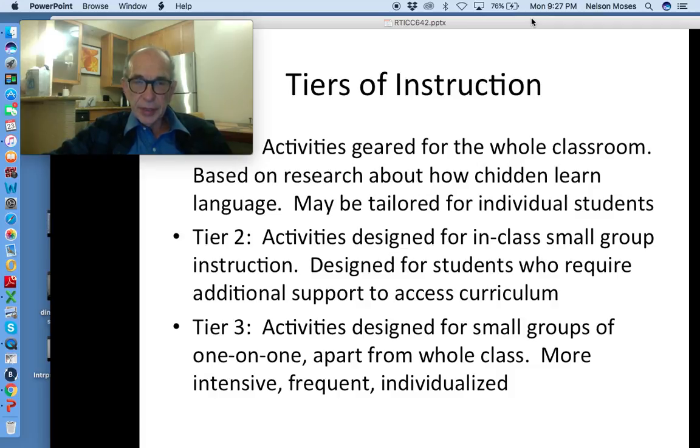Speech language pathologists' work there in the classroom would be more intensive, frequent, and individualized. And still an effort at Tier 1, Tier 2, Tier 3 to, by the way, place speech services in the classroom, to support the teacher, perhaps even working side by side with the teacher, interestingly enough.